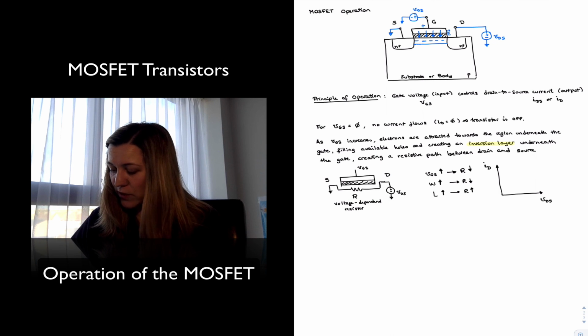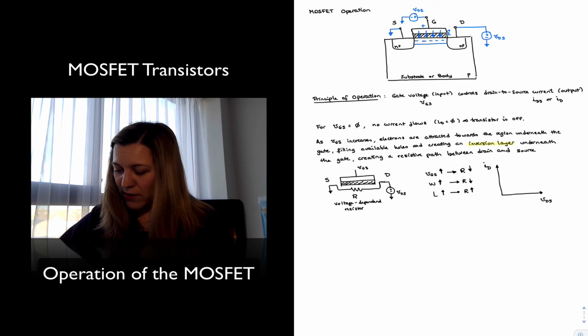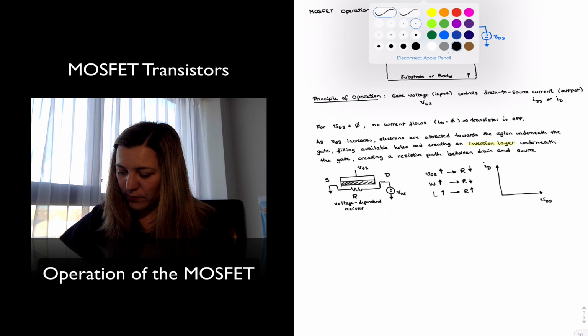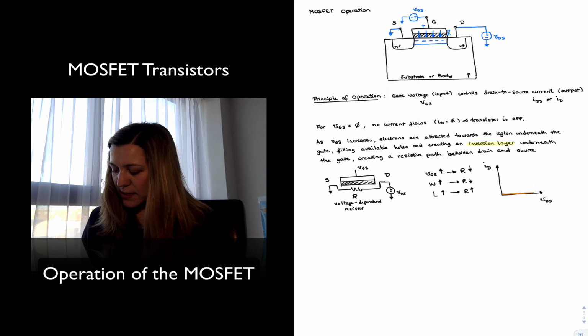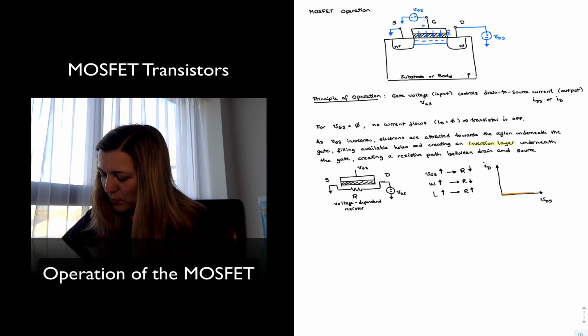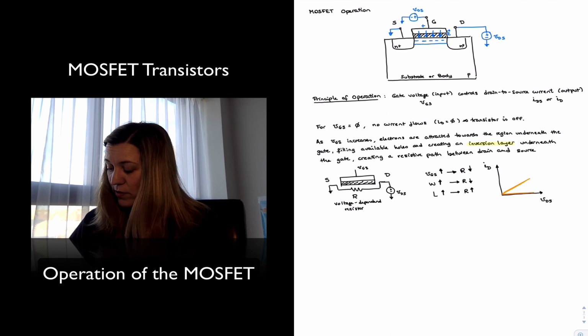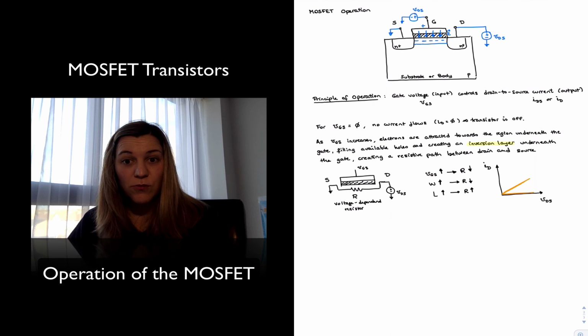I will have that for a certain value of VGS, I will have no current. And so this will be one of the possible curves. And then as my VGS increases, I'm going to have some current with further increases in VDS, so some resistance.